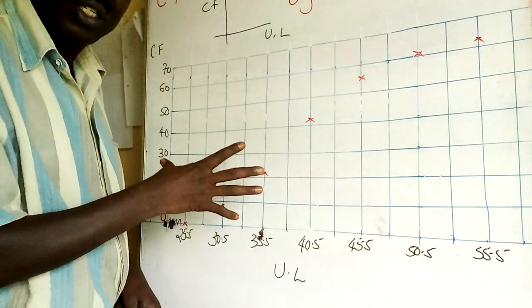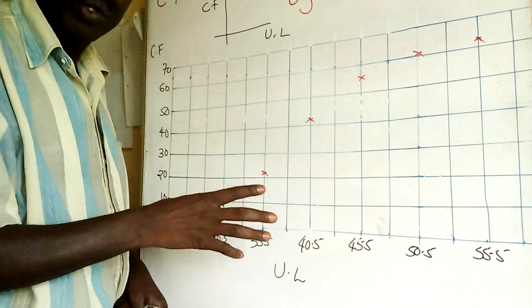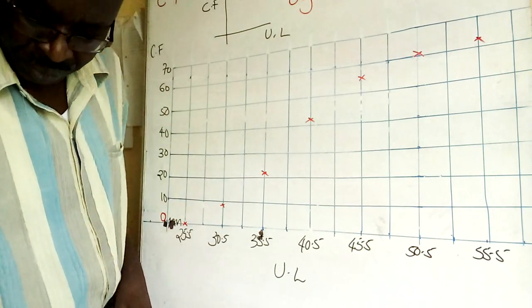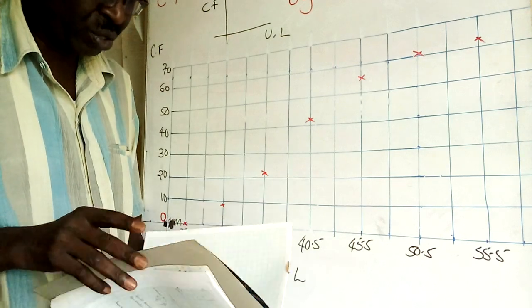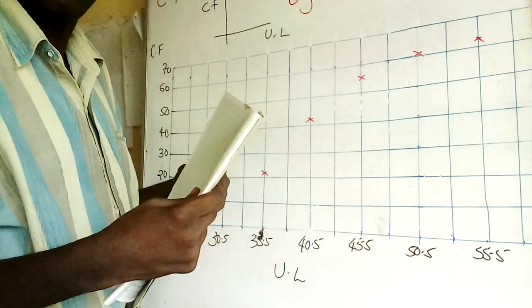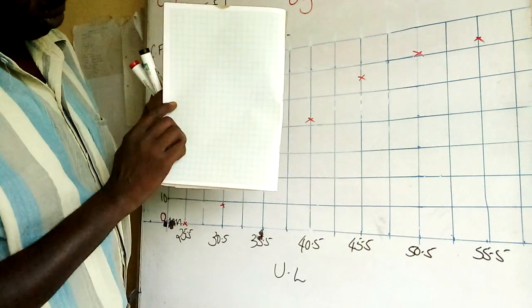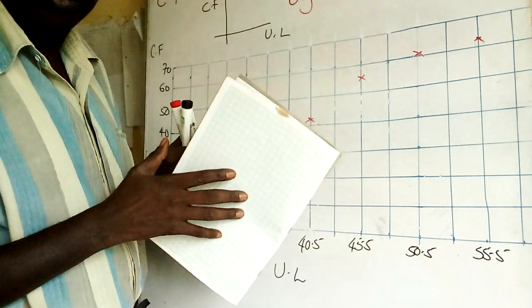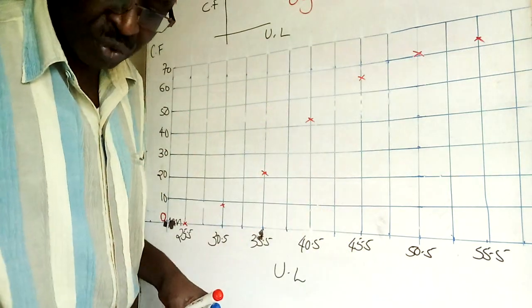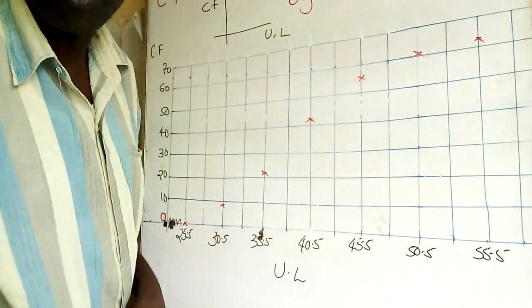So this is just board work, but you have a graph work. You have a graph work which has even subdivisions. So here, for example, is your graph work. Inside each box there is subdivision. That is what will give you the accuracy of your graph.